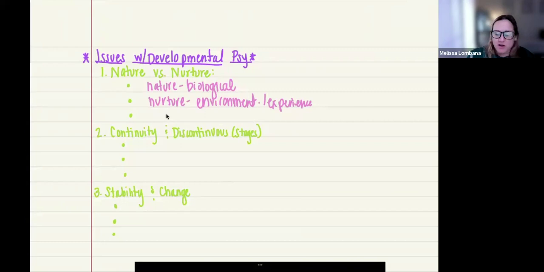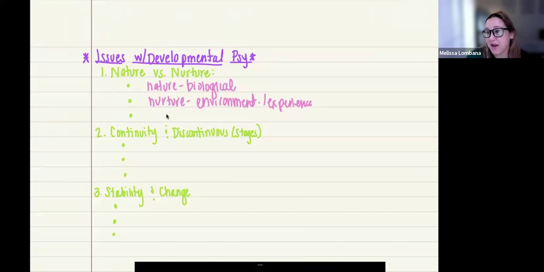So let's say you have a child that is born with a developmental, not Asperger's, I'm sorry, autism, right? And that's genetic. They know that it's nature. Now, how does nurture ensure that developmentally that child can grow into a well-rounded individual?